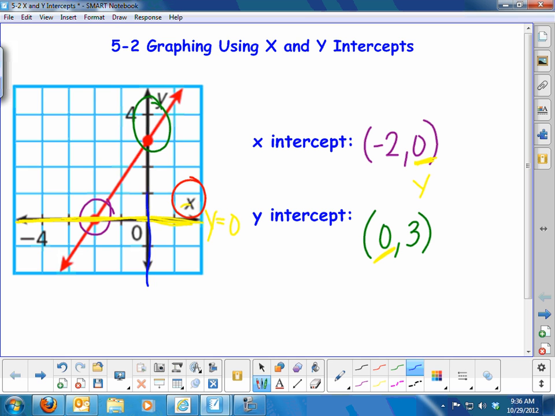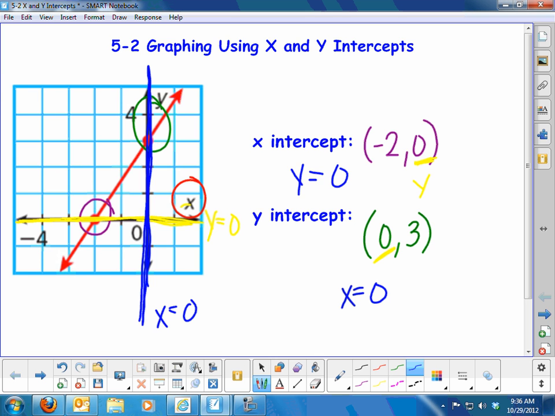If I draw a line down this y-axis, what is the x value no matter where on my line I am? The x value is 0 on my y-axis. So x should be equal to 0 when I have a y-intercept. Y should equal 0 when I have an x-intercept.